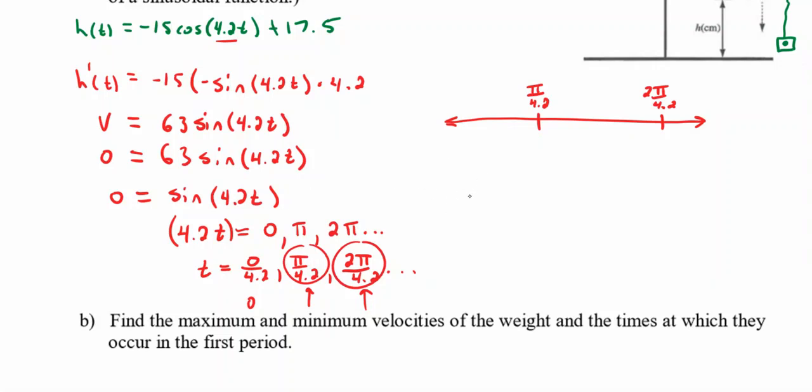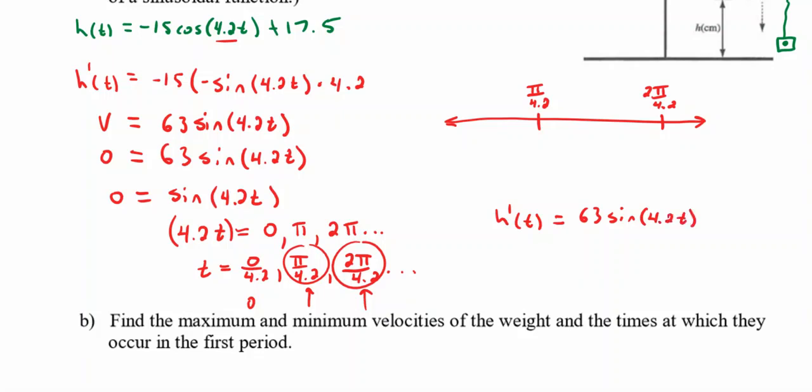The first derivative was h prime, I'm going to make it red still. h prime of t is equal to 63 sine of 4.2t.